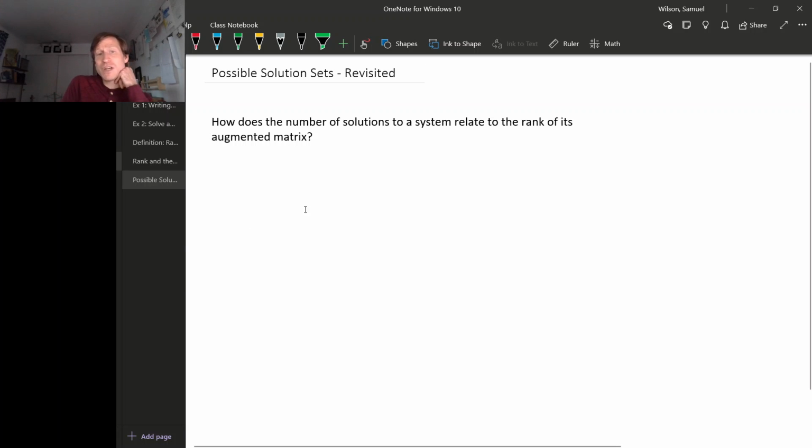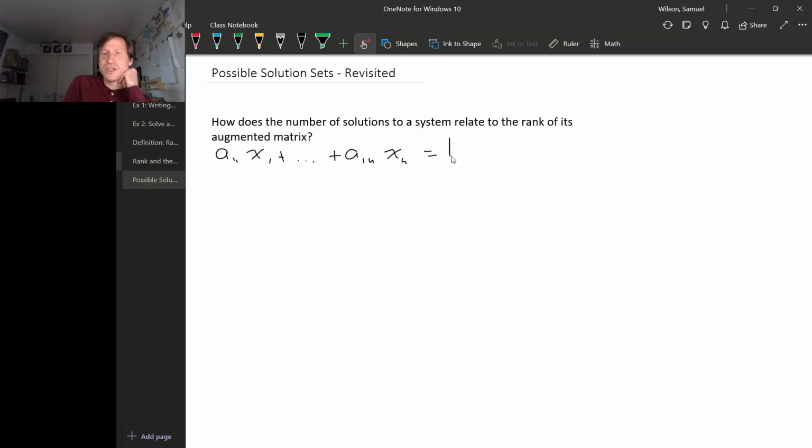If your system of equations isn't homogeneous, then if we have a system like this, that's not homogeneous, the right-hand side we can write just as b1 all the way down to a_m1 x1 plus ... up to a_mn xn equals bn.